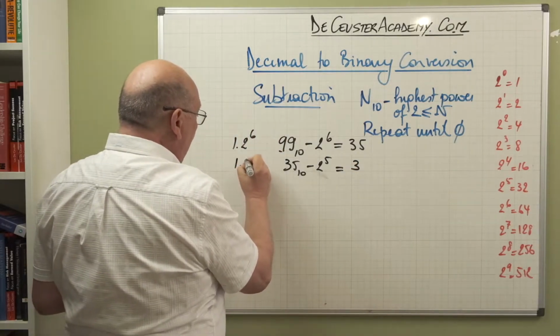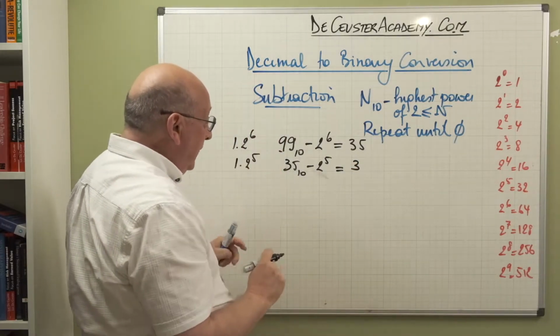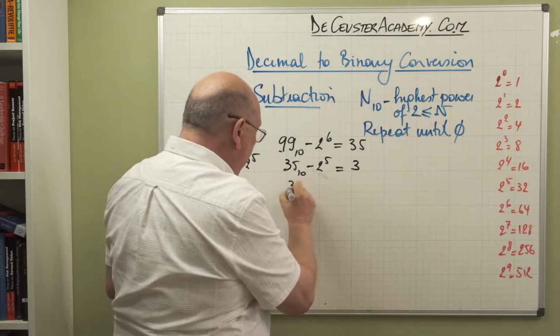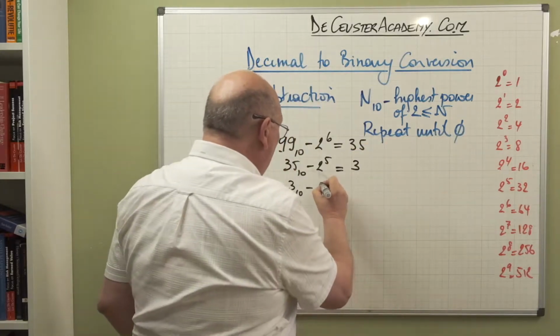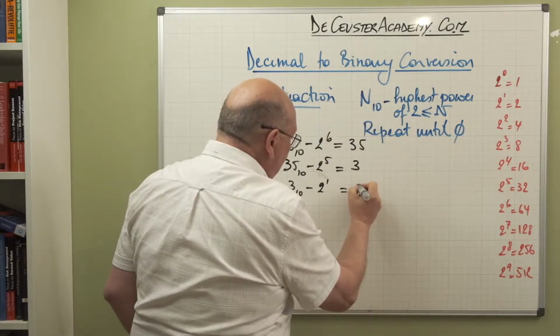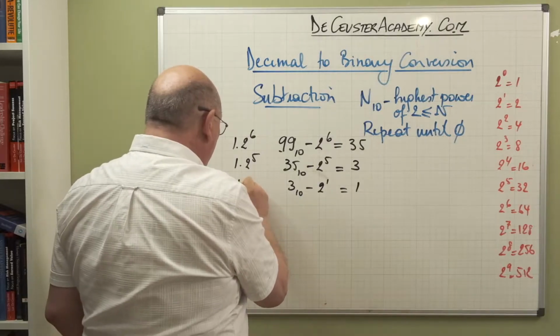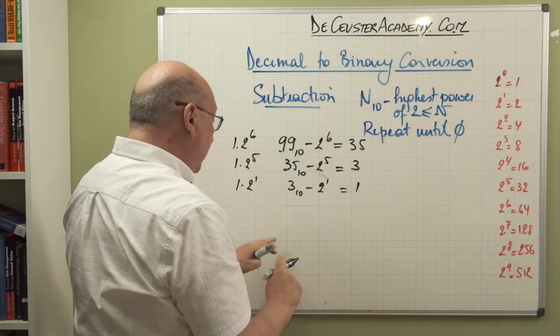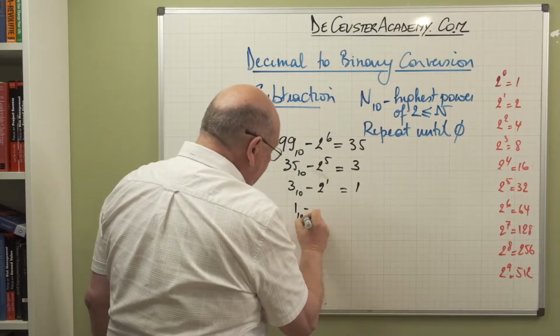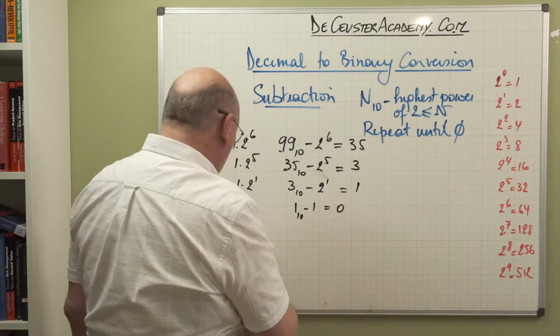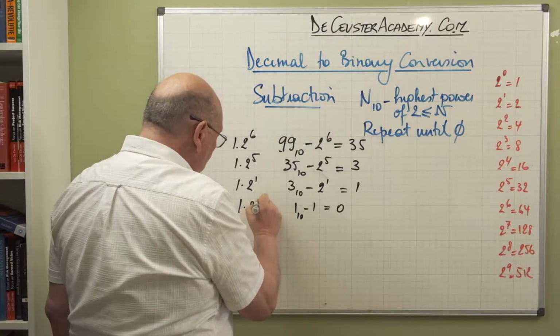So we have 1 times 2 to the power 5. Now 3 base 10 minus 2 to the power 1 is equal to 1, so we have 1 times 2 to the power 1. And finally 1 minus 1 is 0, and we have 1 times 2 to the power 0.